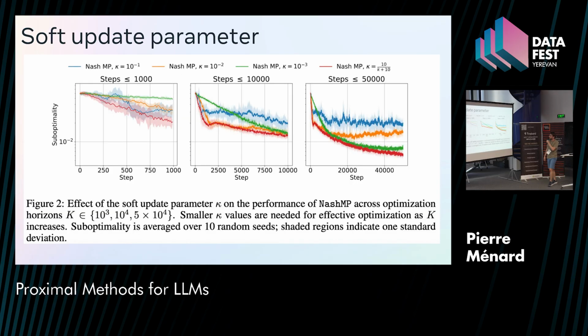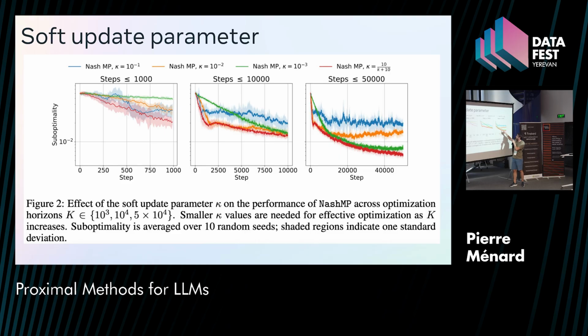And if we try to see how this soft update parameter impacts the training, the conclusion is that if you use a very small soft update parameter for your exponential moving average, you will have a very good approximation of the, let's say, theoretical update, but it will be very slow.